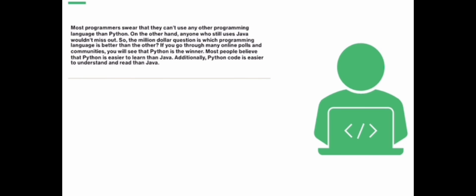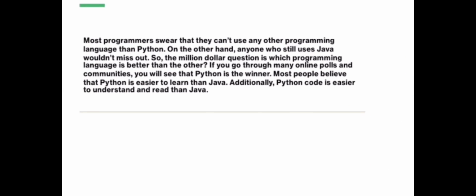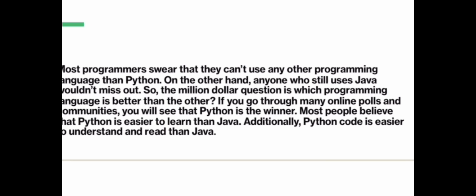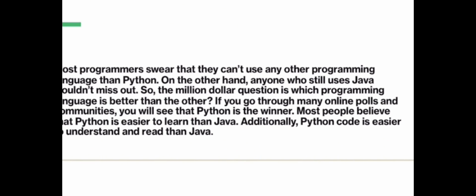However, Python is now dominating the world of AI, data science, and other cutting-edge technologies that make it one of the most in-demand programming languages. Most programmers swear that they can't use any programming language other than Python. On the other hand, anyone who still uses Java wouldn't miss out.